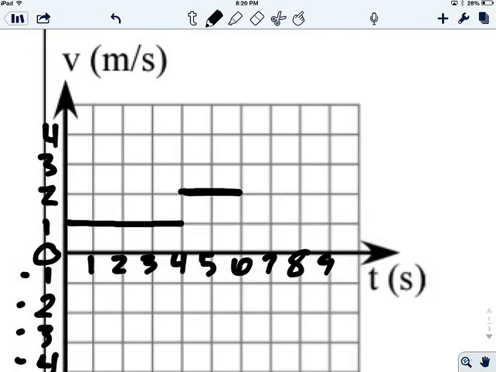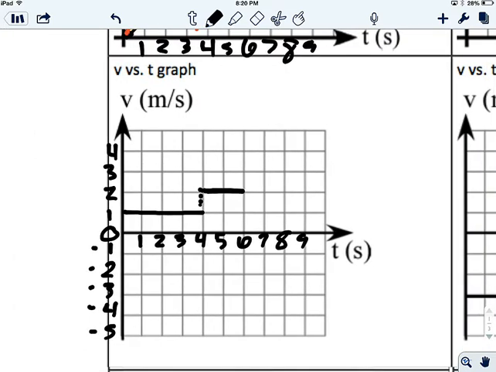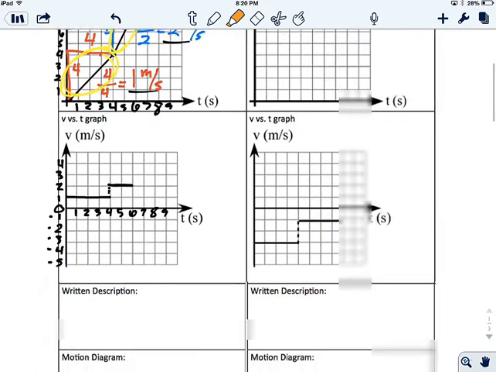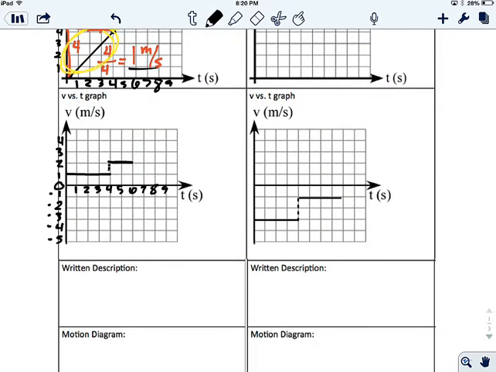Now, just to show that this is the same object moving, I'm going to put a little dotted line there. Okay, and that's all I need for my velocity versus time graph. I can show that I've got constant velocity from 0 to 4 seconds of 1 meter per second, and then more constant velocity of 2 meters per second as time goes on.